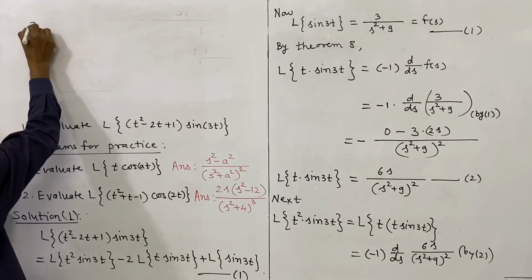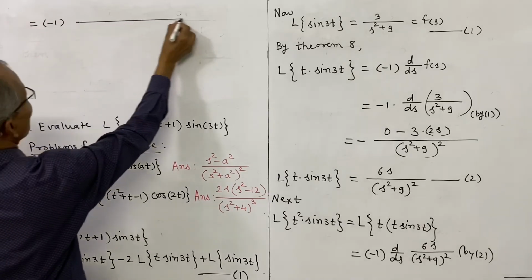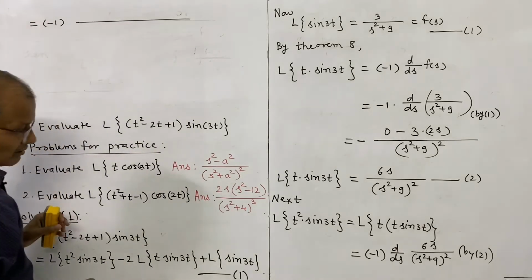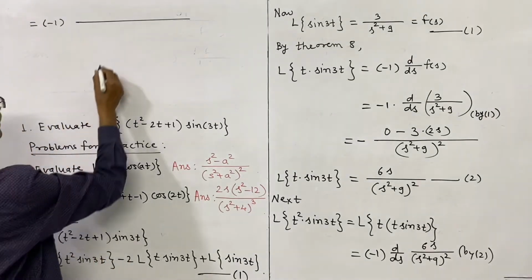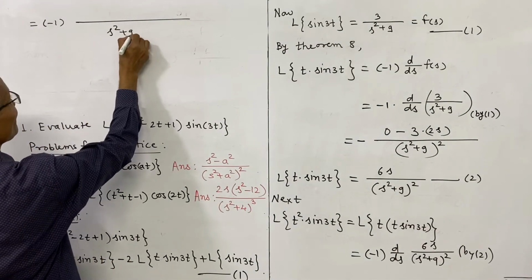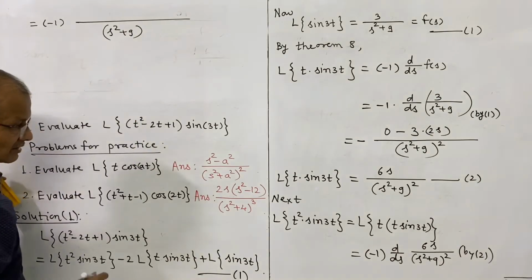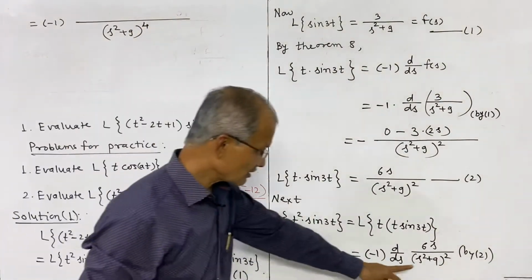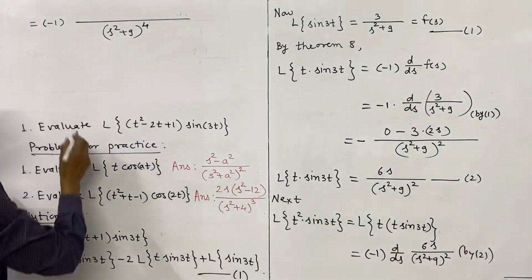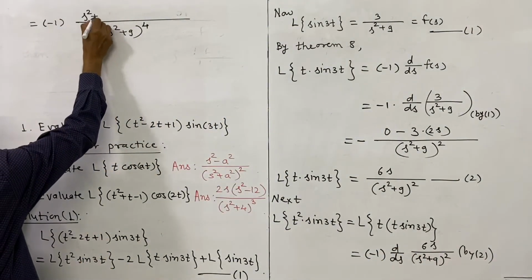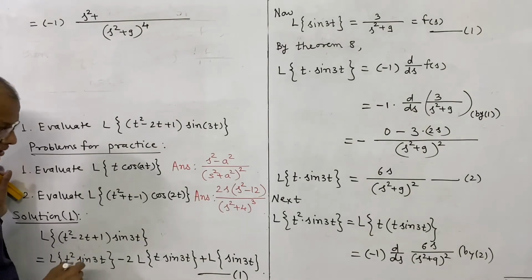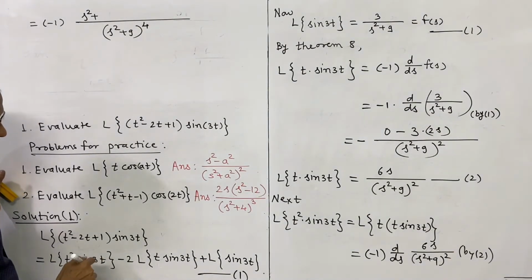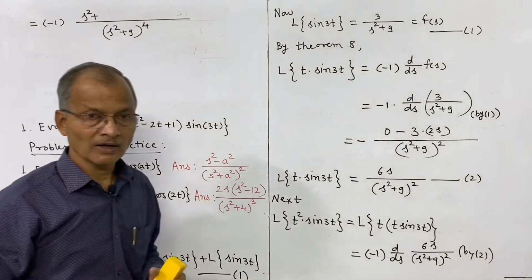So this is equal to minus 1, and you see by quotient rule we have to write the derivative. The denominator will be the square of (s² + 9)², meaning the fourth power will be there, and we have to use the quotient rule of derivative.